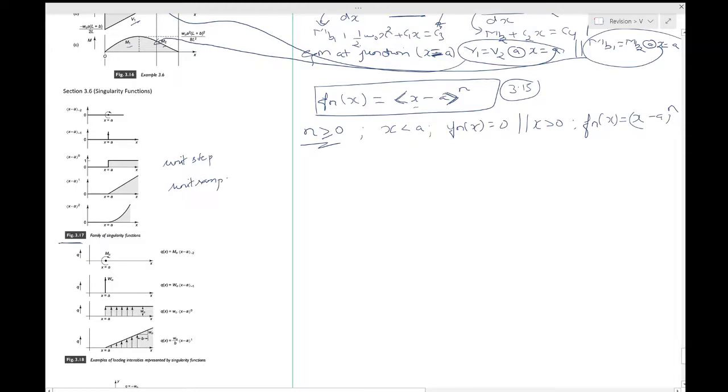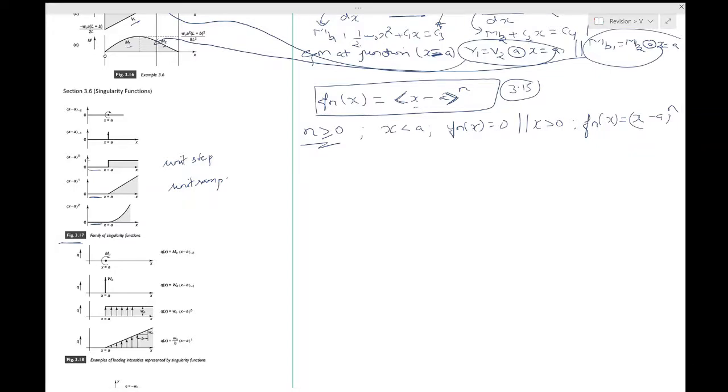And then you can have the integration laws in the same way. So you see, this function will always have a value equal to 0 for x minus a being negative, so x smaller than a.